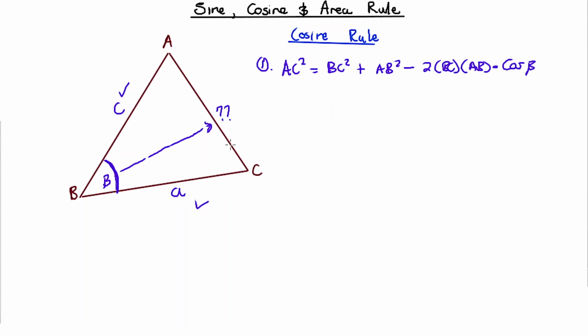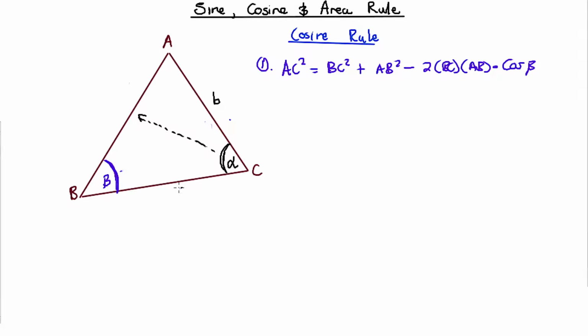Now, let's look at it this way. What if you were given maybe alpha? It means you should be able to calculate the opposite side. Let's take the purple away. You should be able to calculate AB. You are given this angle, which means that you should have length AC.